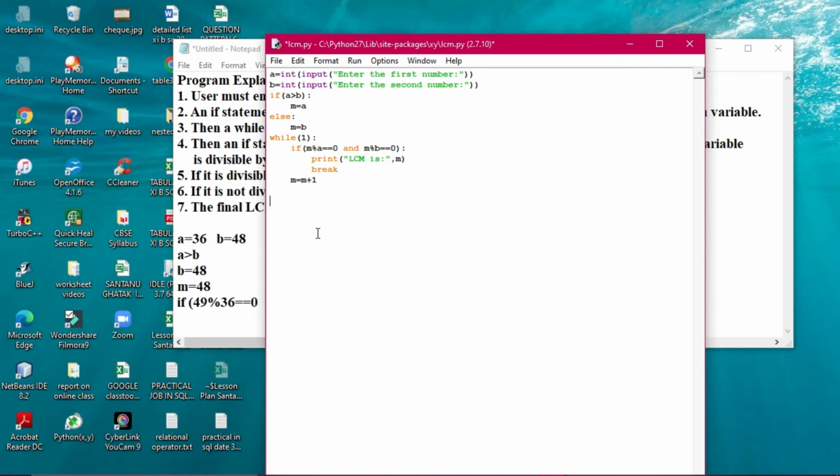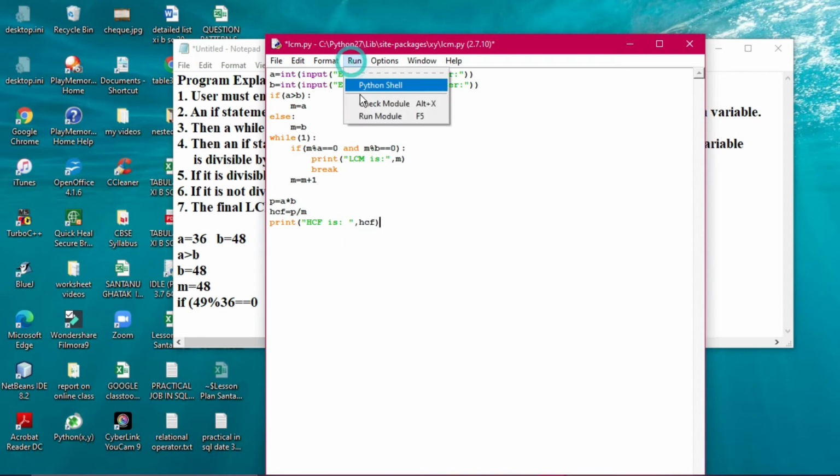Say P equals A into B, and then HCF equals P divided by M, which is the final value of the LCM. Then print the HCF. It can be done this way, but we have done a separate program. The variable I have taken is printed as HCF.